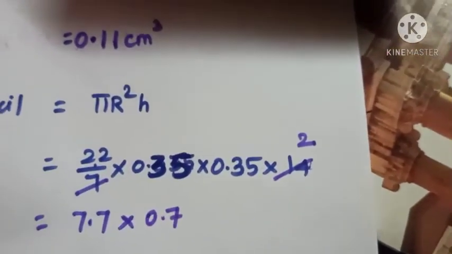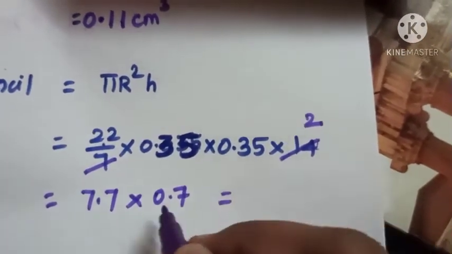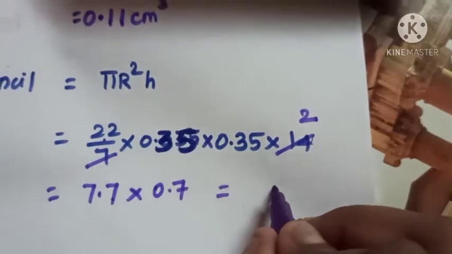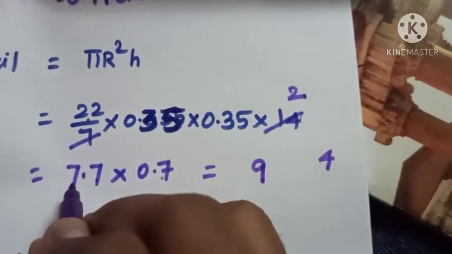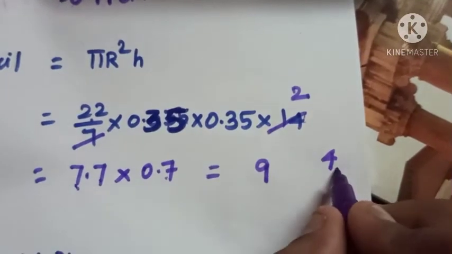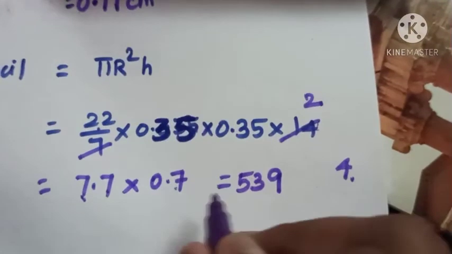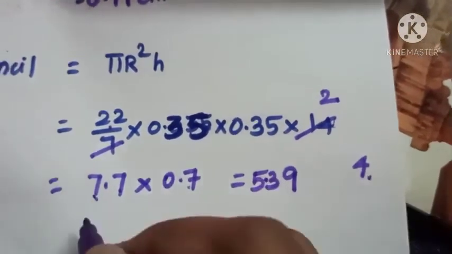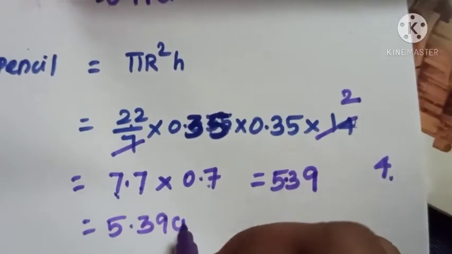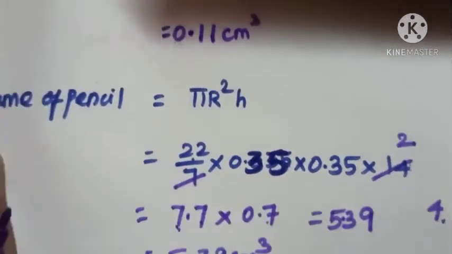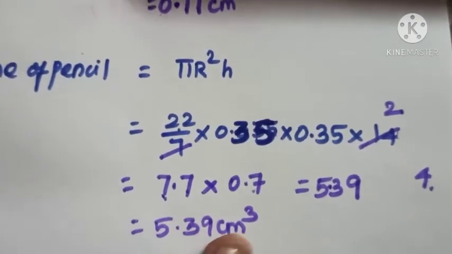Now multiply 7 into 7: 7 7s are 49, so 9, remaining 4. Again 7 7s are 49, 49 plus 4 is 53. How many decimal points? 2 decimal points. So the total required value is 5.39 centimeter cube. So the volume of the pencil is 5.39 centimeter cube.